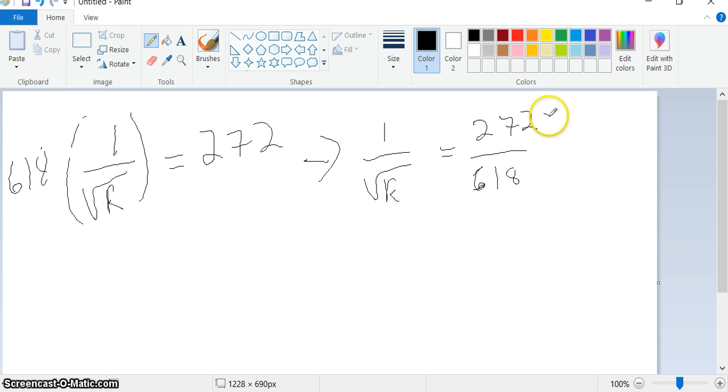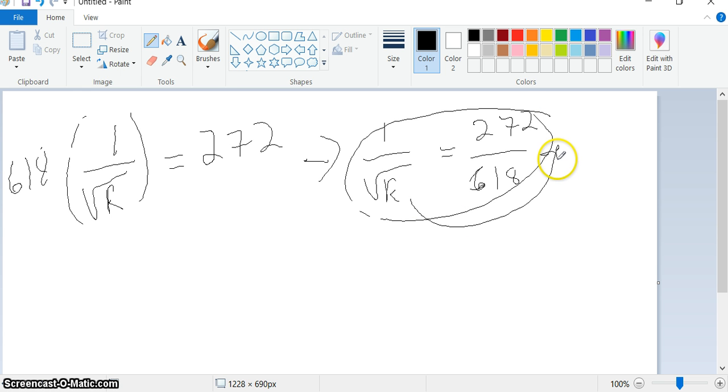So the whole thing comes down to this, and we really just want to solve for r. I'm going to bring the square root of r over to the other side of the equation, and bring this fraction over to the other side.